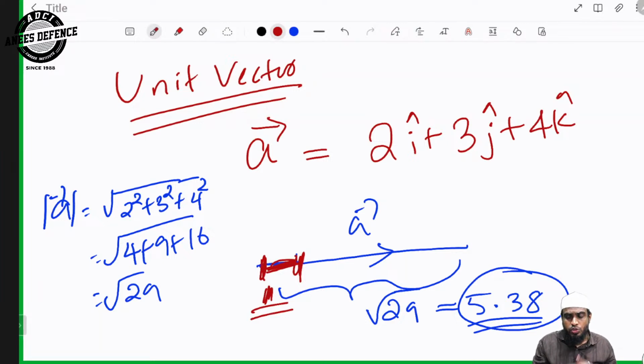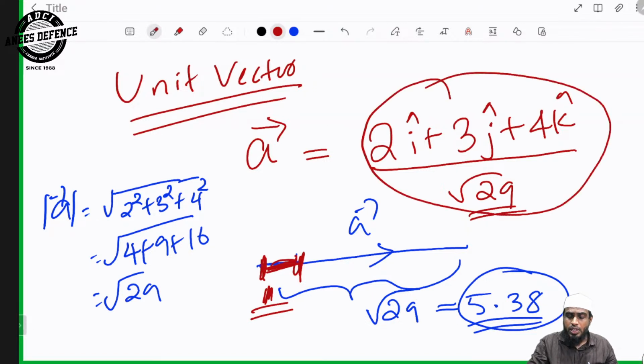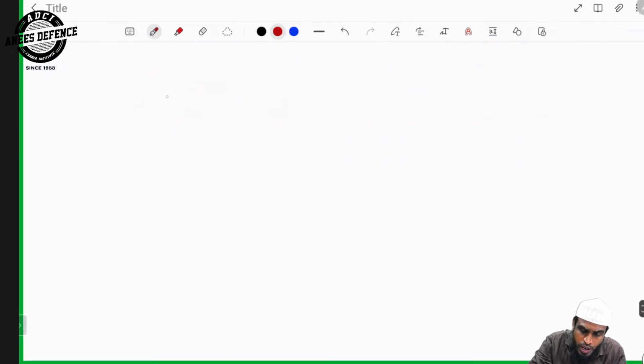So what I have to do, the original vector is divided by root 29. If the original vector is divided by its magnitude, the resultant vector will be of unity magnitude.